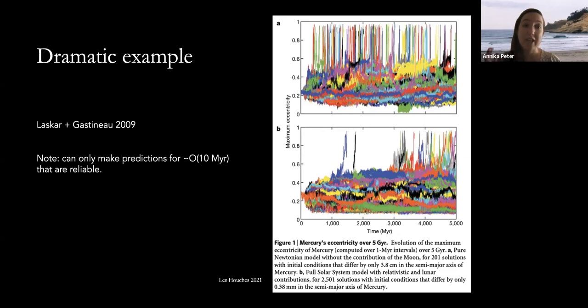It's not just about time stepping and the accuracy of each solution, but the underlying nature of the system. In other words, how accurately you know your initial conditions matters as well. In this case, you can see that even an uncertainty of 0.38 millimeters drives these very different solutions.